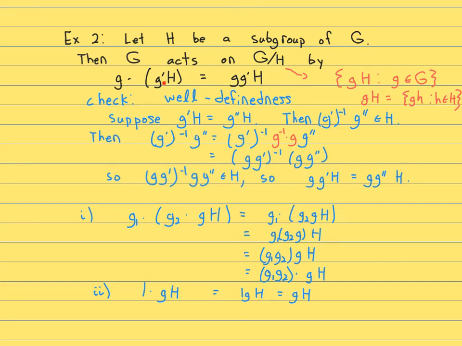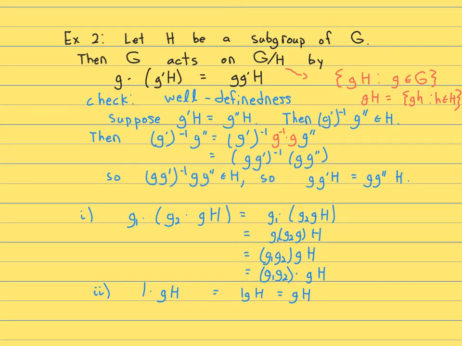In other words, if I replace g' with g'', can I guarantee that the coset g'H is equal to g''H? Well, let's check that. Suppose these two cosets are the same.